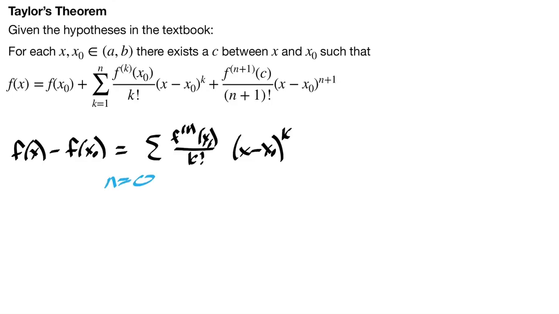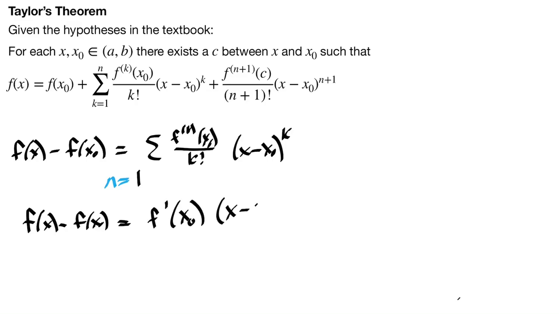Well, notice what's going on here if, say, n is equal to 1. Then this series starts at 1, so we get the first derivative, f prime of x naught times x minus x naught. So this ends up being our equation.